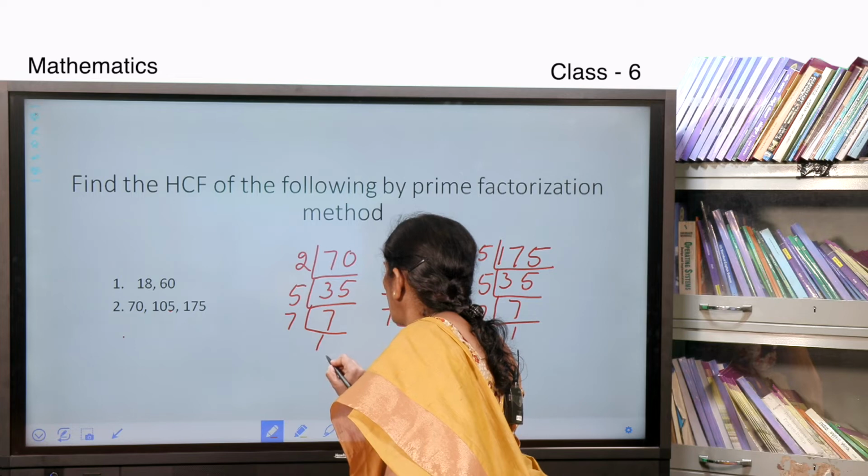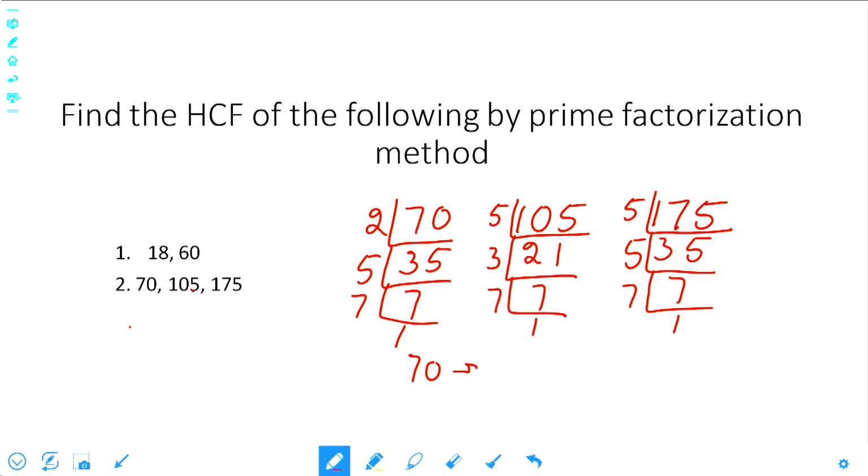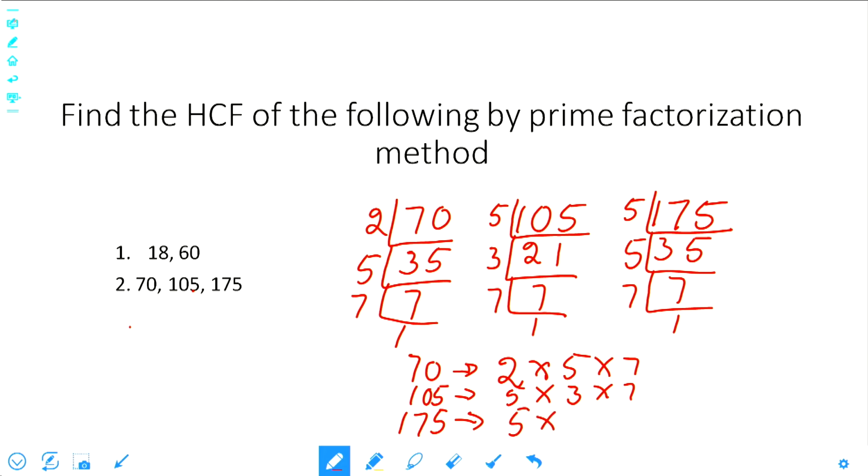Prime factors of 70 are 2 into 5 into 7. Factors of 105 are 5 into 3 into 7. Factors of 175 are 5 into 5 into 7.